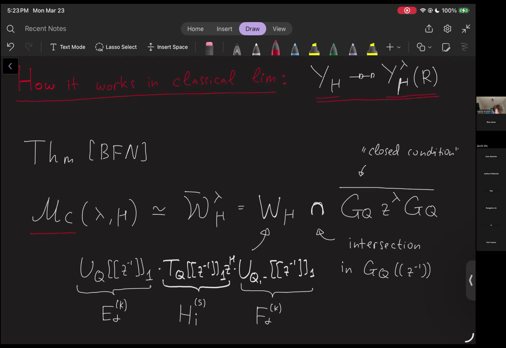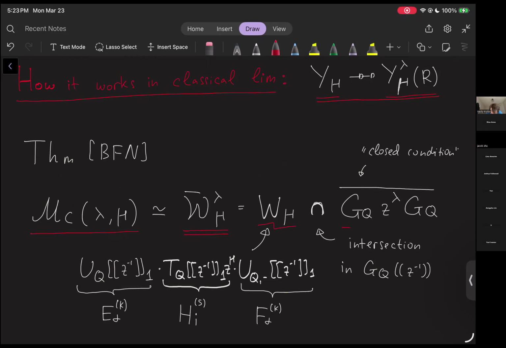Namely, the Coulomb branch is isomorphic to what's sometimes called a generalized slice in the affine Grassmannian. So that's a space that is defined as follows. You consider the intersection of two spaces. One of them is denoted by W mu. I will explain it in a second.